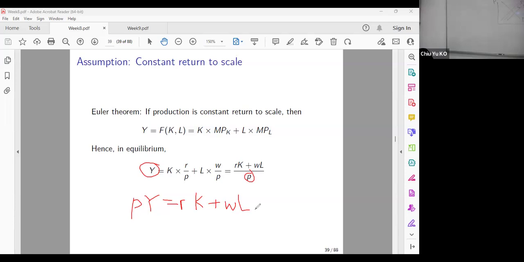So there's no profit in the system. The only difference compared to the GDP equation is that there's no profit.